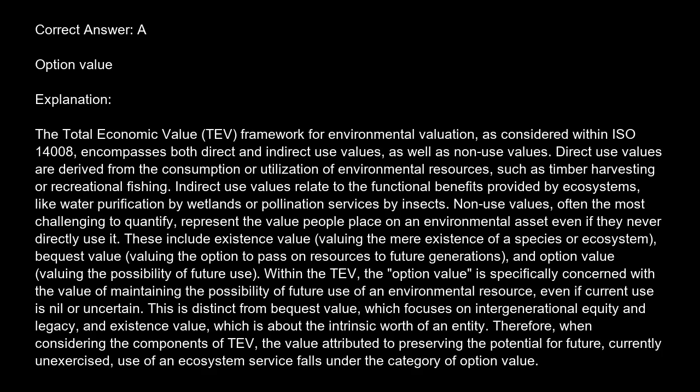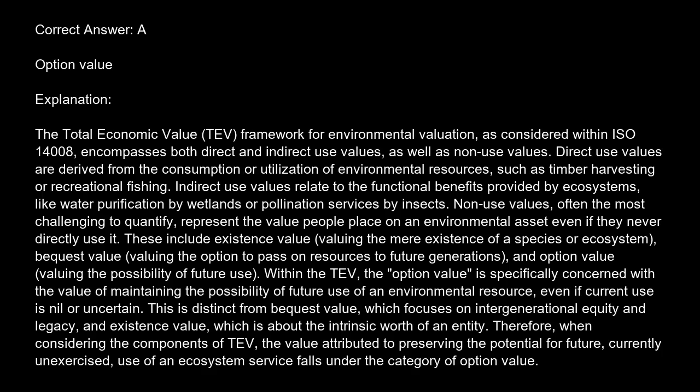These include existence value, valuing the mere existence of a species or ecosystem; bequest value, valuing the option to pass on resources to future generations; and option value, valuing the possibility of future use. Within the TEV, the option value is specifically concerned with the value of maintaining the possibility of future use of an environmental resource, even if current use is nil or uncertain.